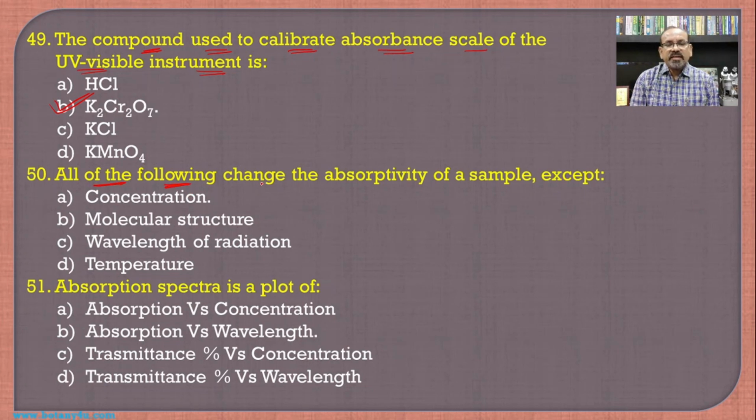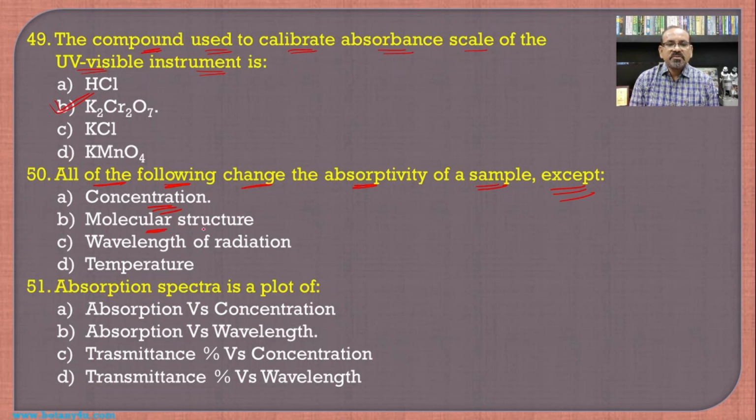All of the following change the absorptivity of the sample except. So if you see the absorptivity of the sample, it is completely dependent upon the nature and type of the molecules. So the concentration is not responsible for changing the absorptivity.